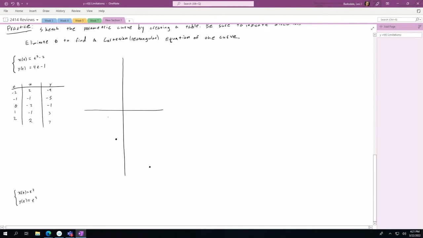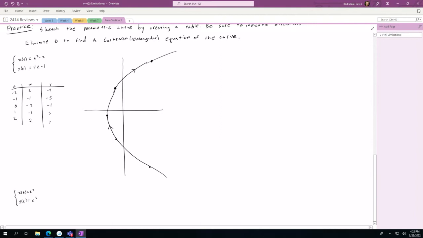When t is 0, I have an x value of -2 and a y value of -1, so about right there. Then I go up to 3, and then 7. Now graphing this, I end up with a curve kind of like this. And importantly, I am moving in this direction because my t values start out very small or negative, and then as they become positive, I move in this direction. So I'm going to indicate my direction on the graph.